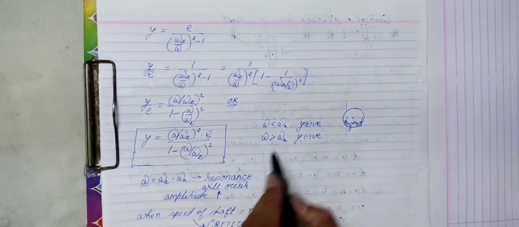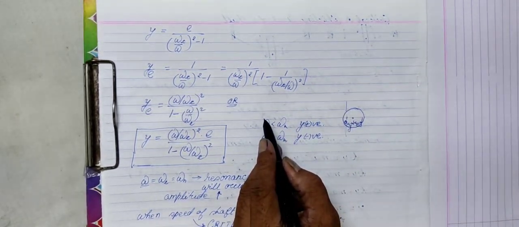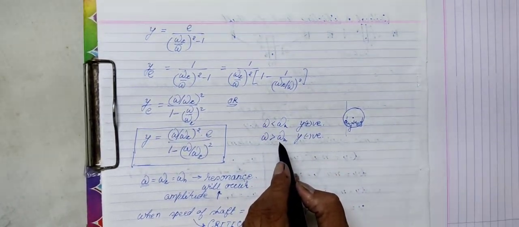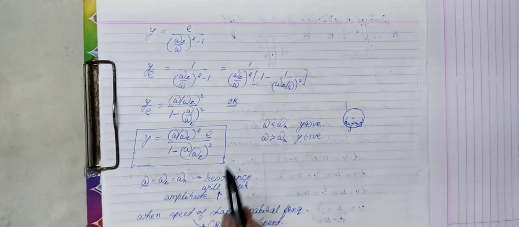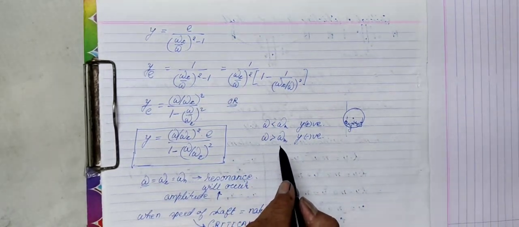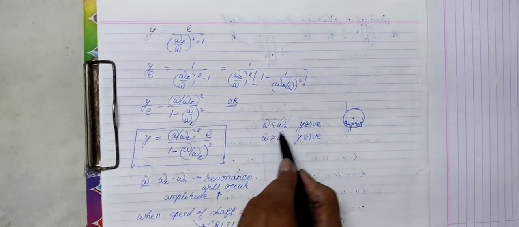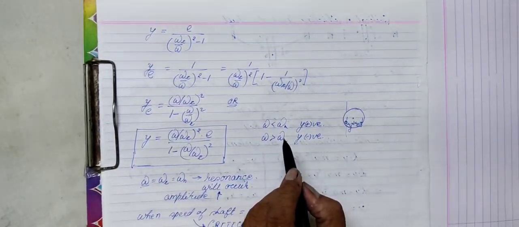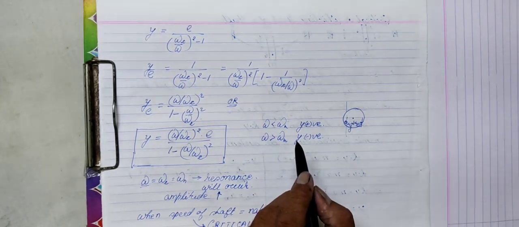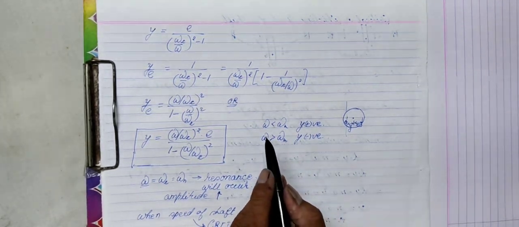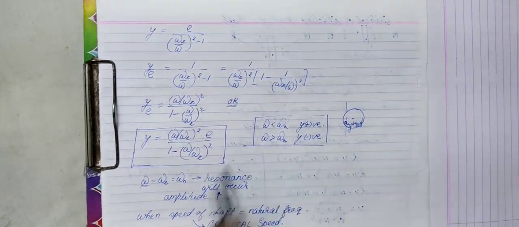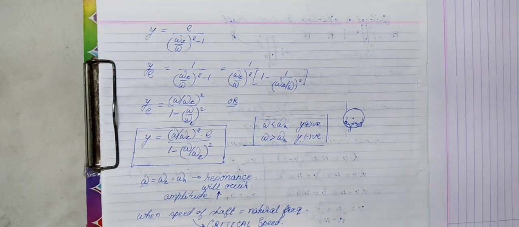So this is the condition when this is negative and when this is positive. That is how we interpret the situations. So this is all in this session.